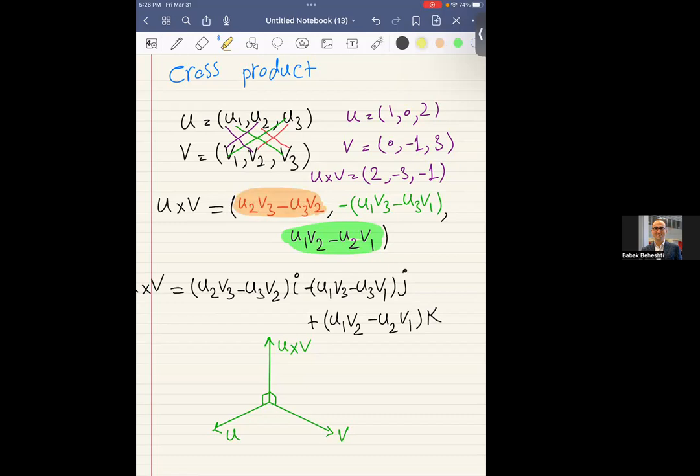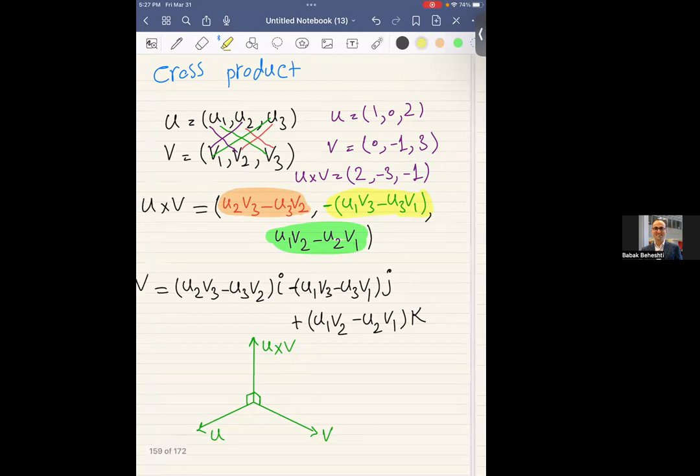The second component is negative U1 V3 minus U3 V1. And the third component is U1 V2 minus U2 V1.